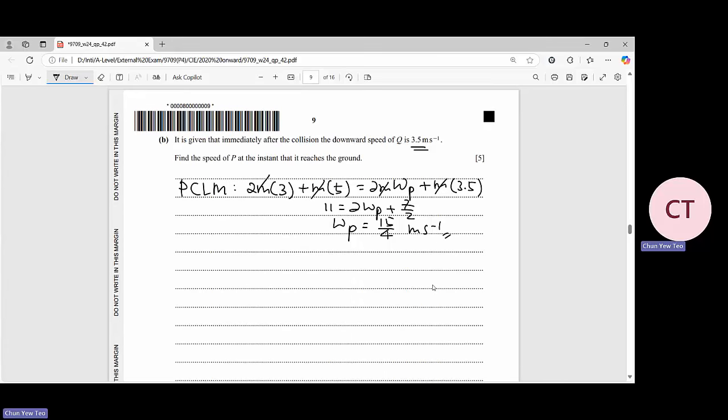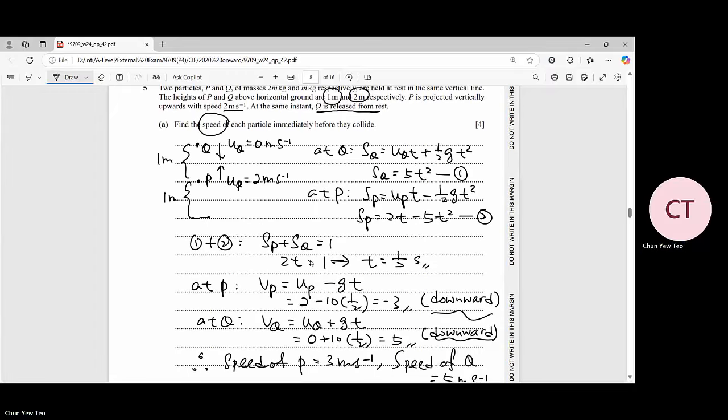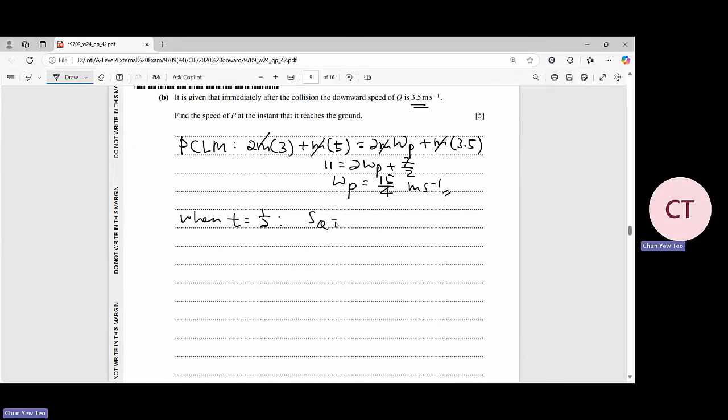We want to know, when they collide, what is the height above the ground. So when t equals half a second, to find the height, we can use SQ or we can use SP. So maybe we use SQ. SQ is 5t squared, which is 5 over 4. So the height will be 2 minus 5 over 4, and you get 3 over 4.